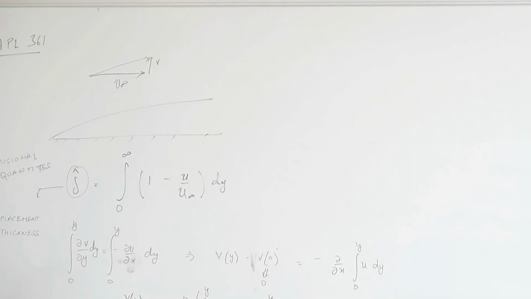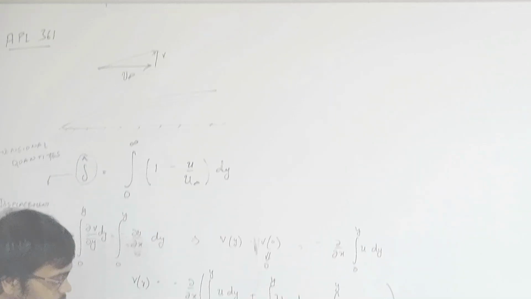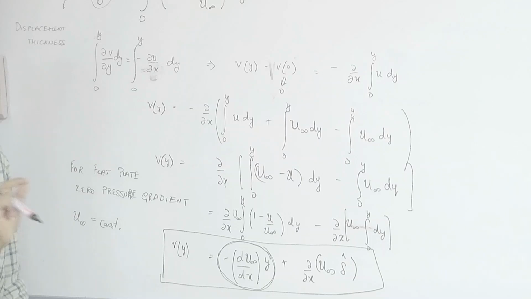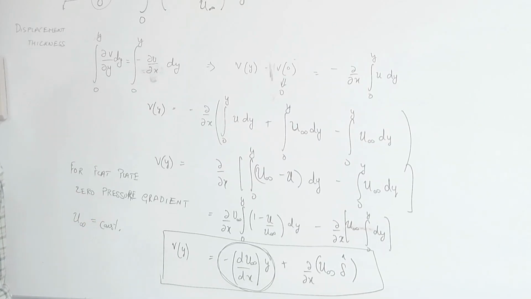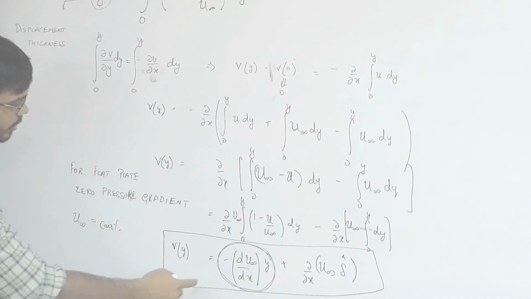Continuity equation is always satisfied. So if you have u infinity varying in x, that results in a y direction velocity, because if du by dx is not 0, then dv by dy is not 0. There has to be some changes in y. Even if v is 0 at some y, it does not mean it is 0 everywhere. That is the main important point from this term.